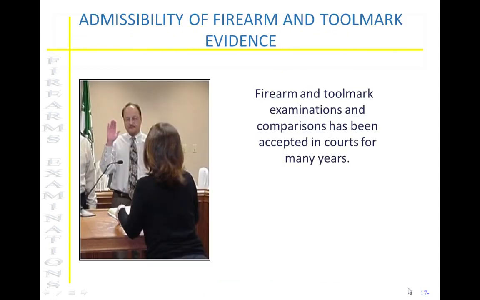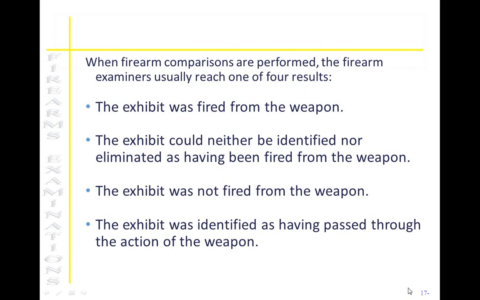Both evidence types, either firearms or tool mark evidence, have been accepted in courts for many years. When a firearms comparison has actually been performed, the firearms examiner can reach several different conclusions. They can determine that an exhibit was fired from a particular weapon.